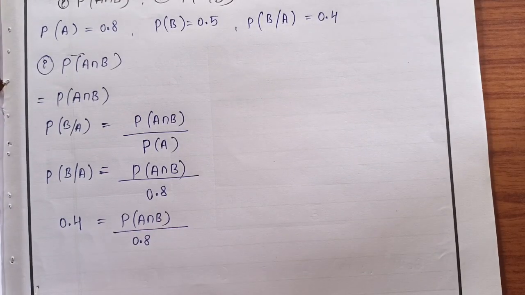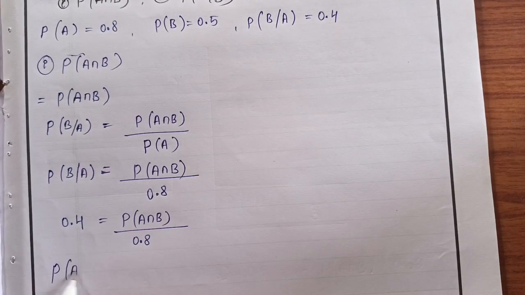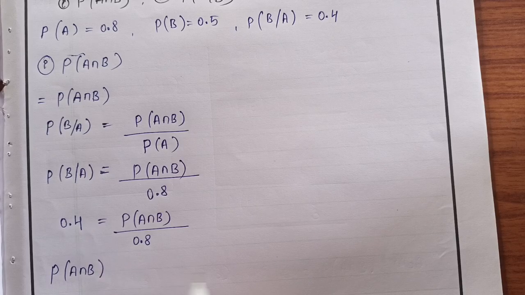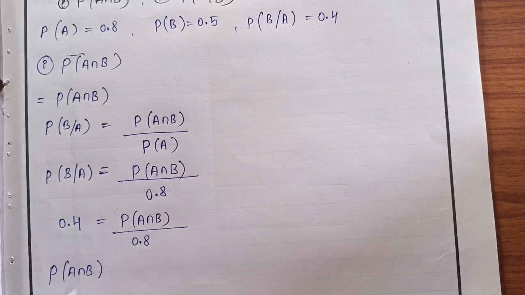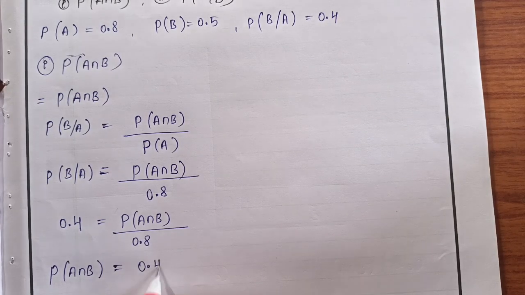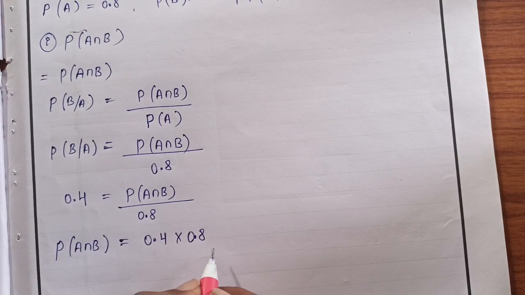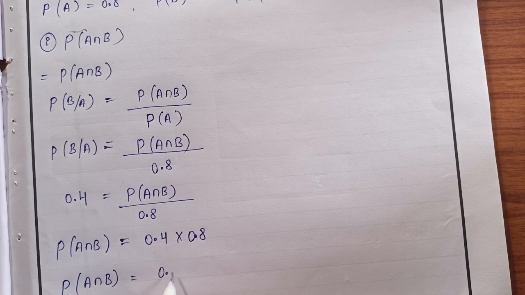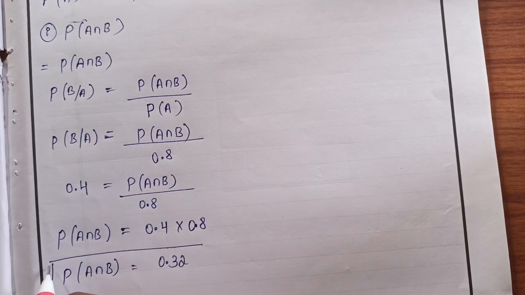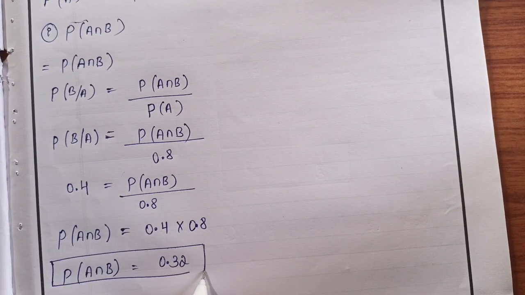Taking the 0.8 to the other side, it multiplies. We need to find the value of probability of A intersection B. So probability of A intersection B equals 0.4 into 0.8. 0.4 multiplied by 0.8, the answer is 0.32. Probability of A intersection B is 0.32.